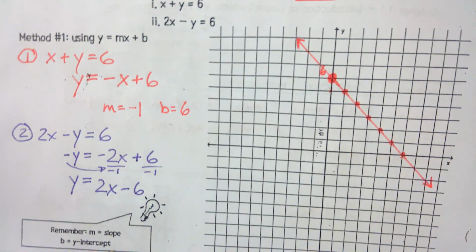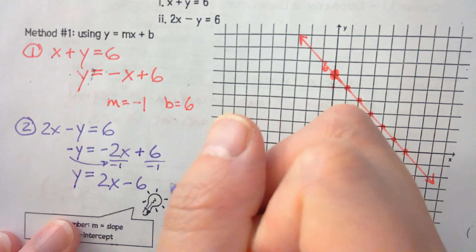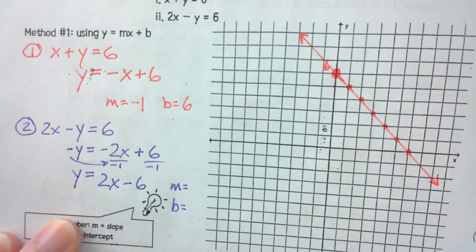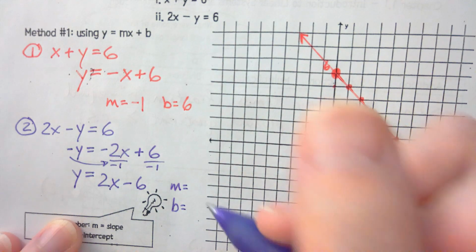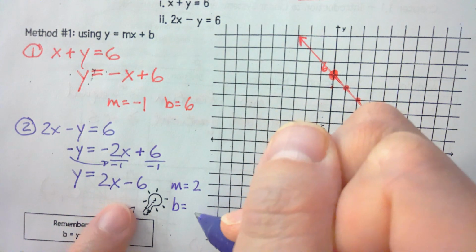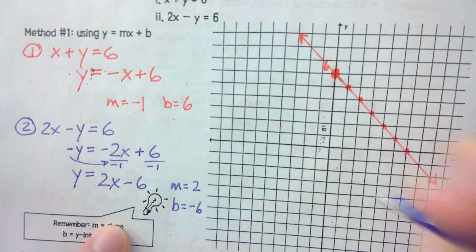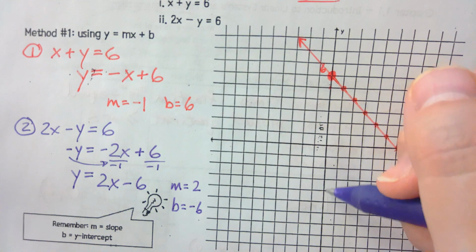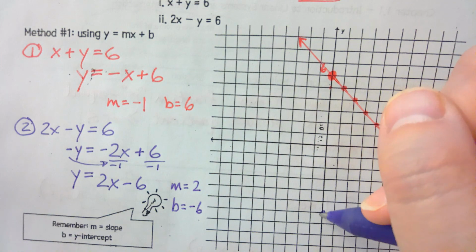Okay, so in this case, what's my slope? What's my y-intercept? Perfect. So negative 6 here. So 1, 2, 3, 4, 5, 6.